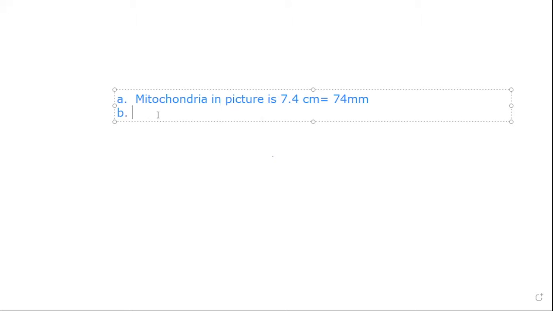So now answer B, you have to convert it into micrometer. It is 7.4, which in millimeter is 74 millimeter. 74 times 1000 equals, because you are converting it to micrometer.